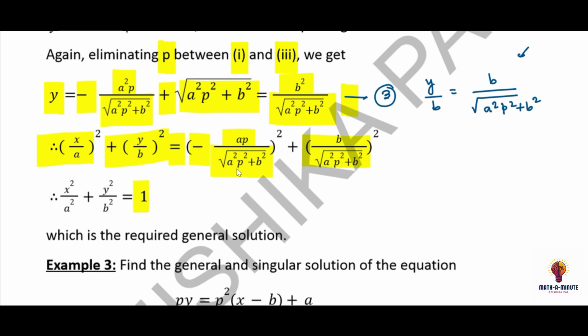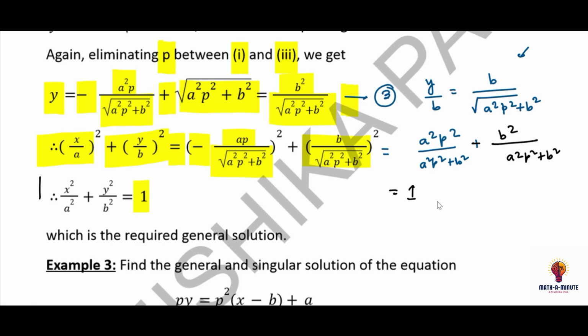So basically from this equation we can write a²p² divided by a²p² plus b², plus b² divided by a²p² plus b², and it will be 1.